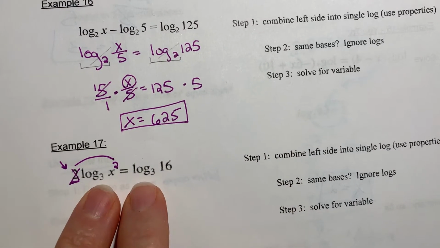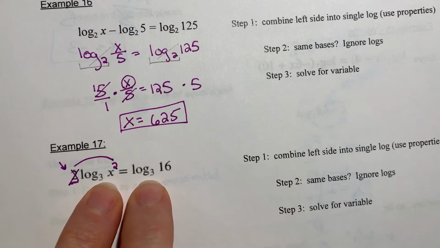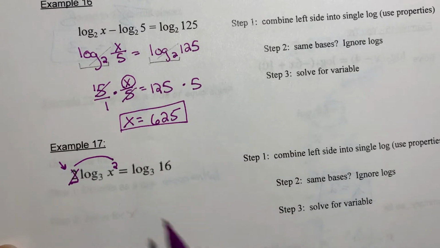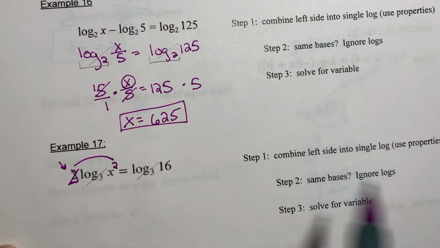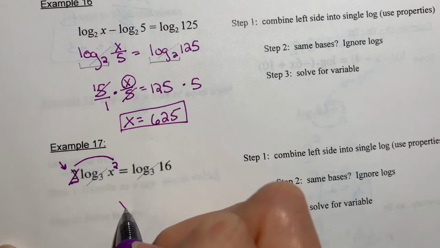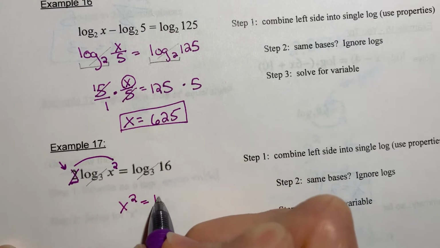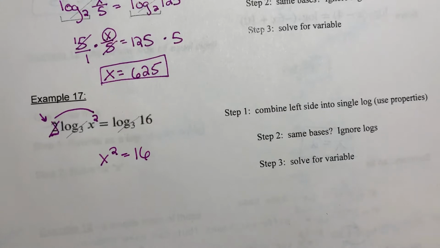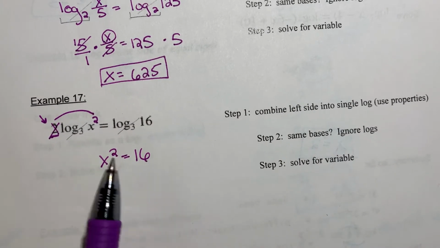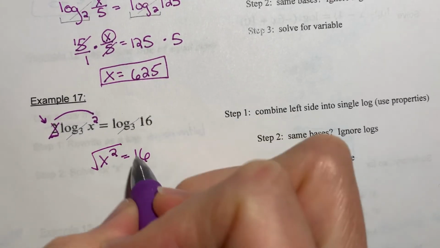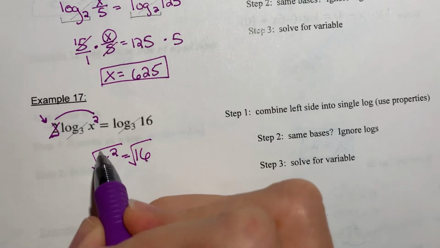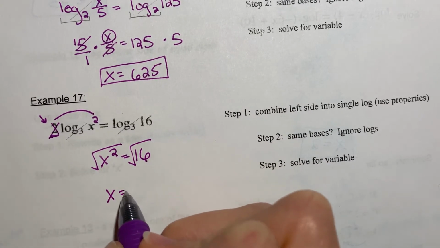Now I have a log on both sides of the equal sign. They're both base 3, so I can ignore the logs and just set what I'm taking the log of equal to each other. So x squared equals 16. To get rid of a power of 2, I take the square root of both sides. If I square root x squared, I get plain old x.